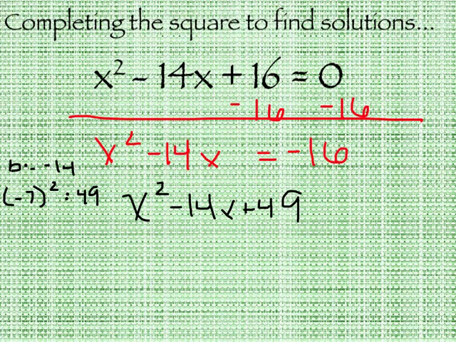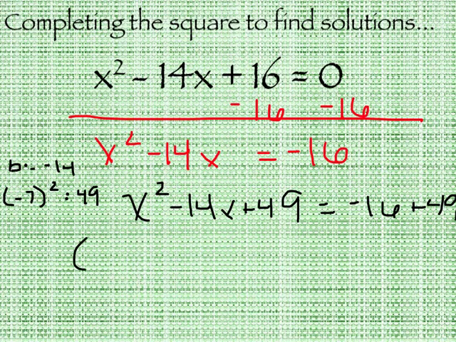Now, if I'm adding 49 on this left side here, I have to do the same exact thing to the other side of my equation to make sure that it stays balanced. Remember, equations are just like scales. Whatever you do to one side, you have to do to the other. So if I'm going to add 49 to the left side, I need to also add 49 to the right side.